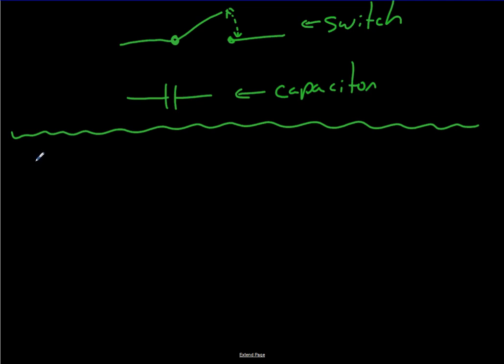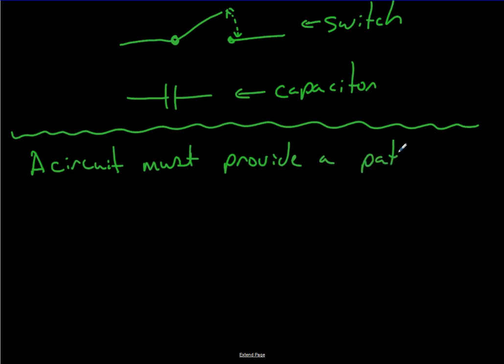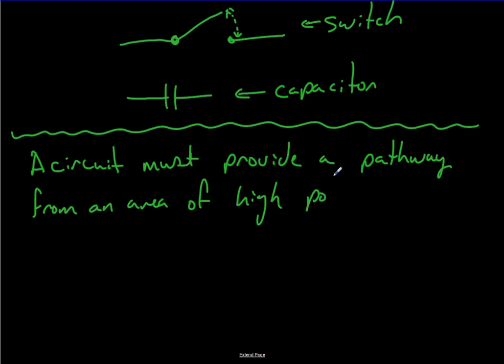A few rules. A circuit must provide a pathway from an area of high potential to an area of low potential.